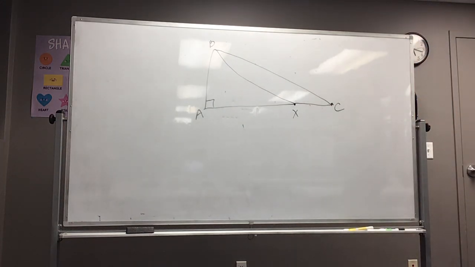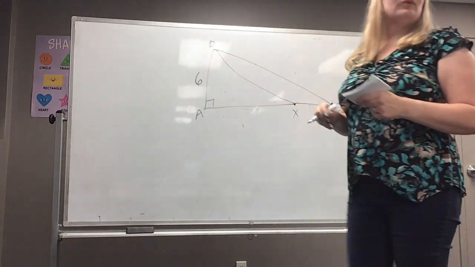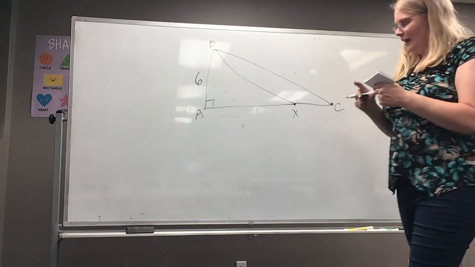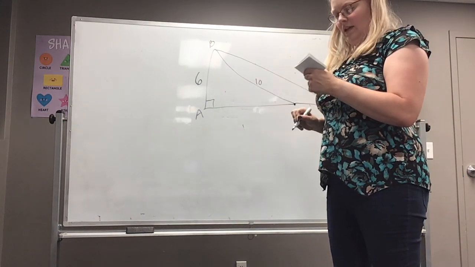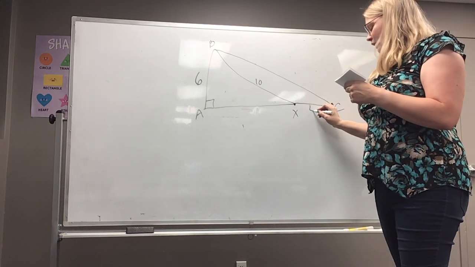If the length of AB is 6, it's not given in the drawing, but it's easier for me to just write it in, but you would have to do this yourself on the test. AB is 6 units, BX is 10, and XC is 4.